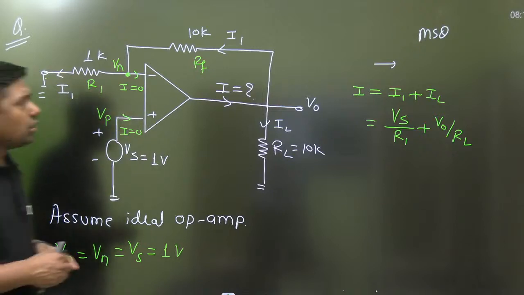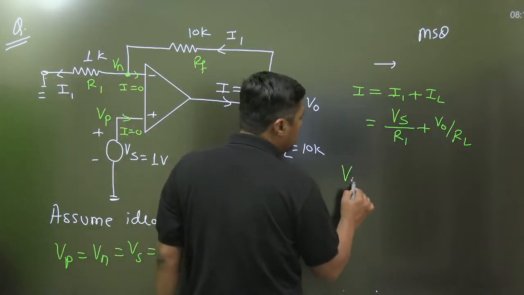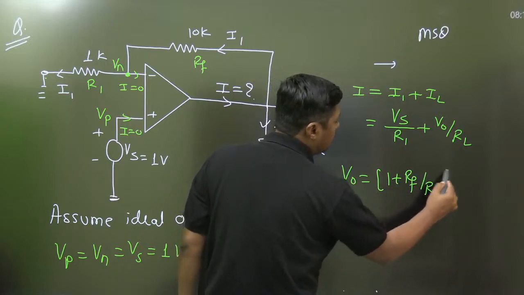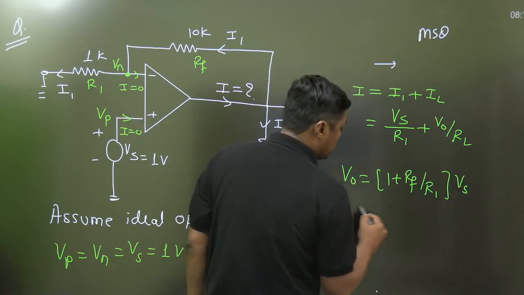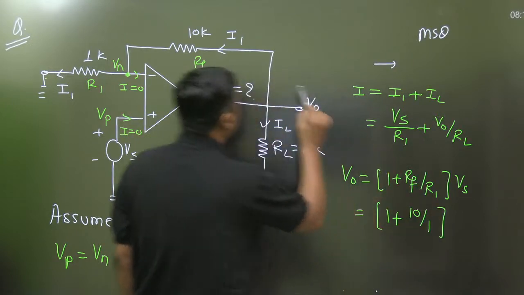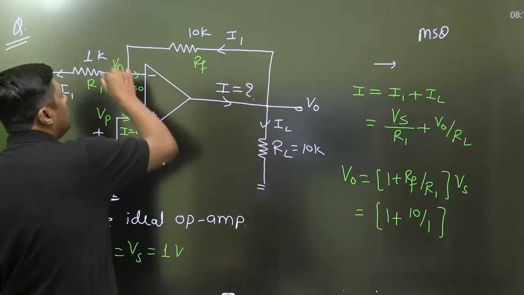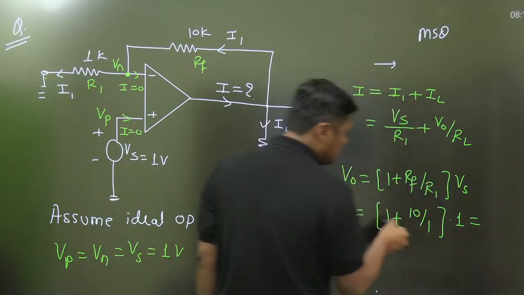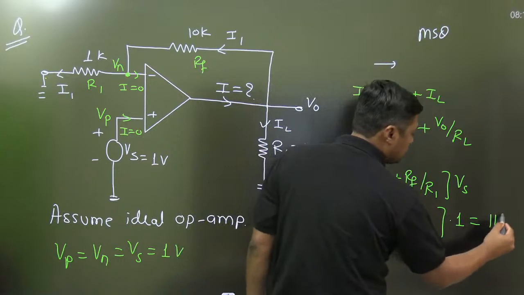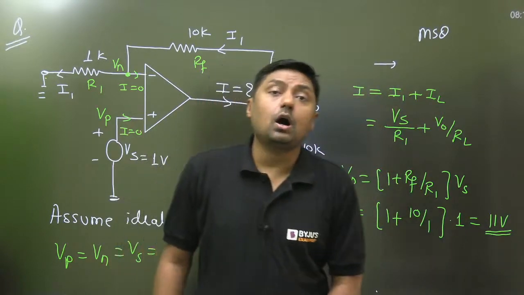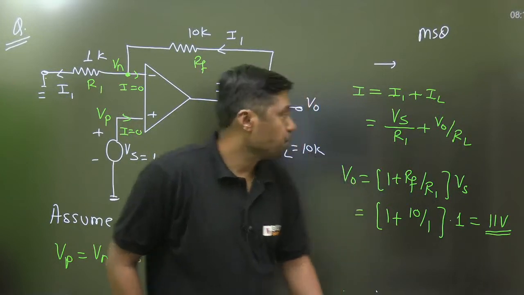How to find the V0? Because it is a non-inverting operational amplifier, V0 is equal to 1 plus RF by R1 into Vs. 1 plus 10 by 1, into Vs, 1 volt. That is nothing but 11 volt. 11 volt is the output voltage, right?